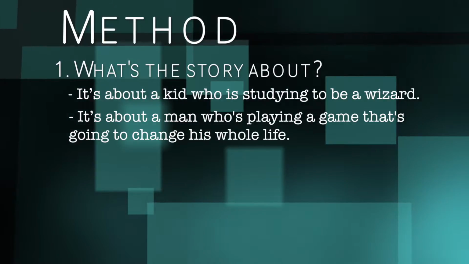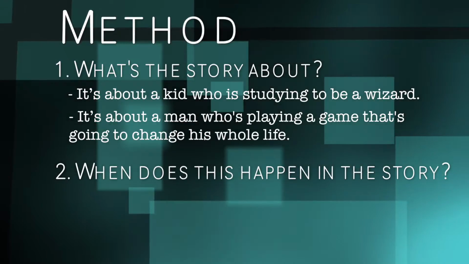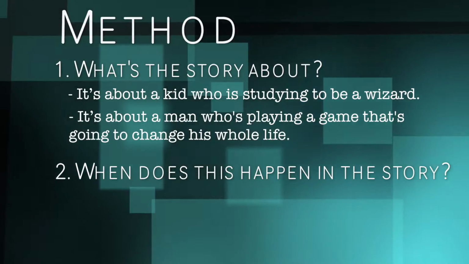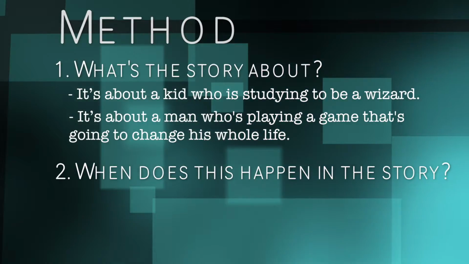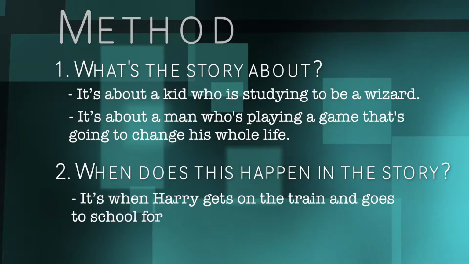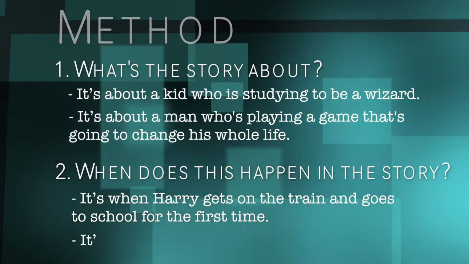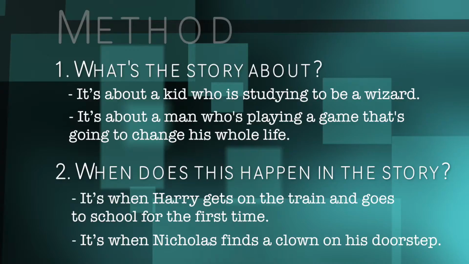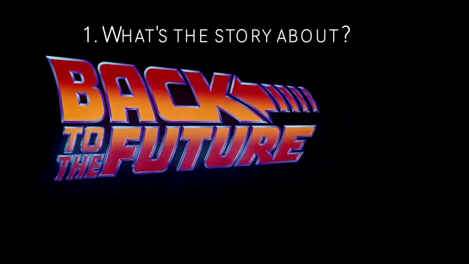The second question is, when does this happen in the story? When does it really start happening? When the kid goes to school for the first time? Or when the game actually begins for the man? So what's the story of the movie Back to the Future?